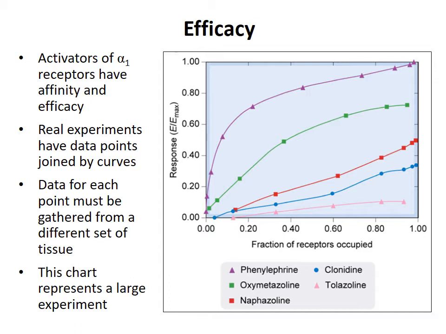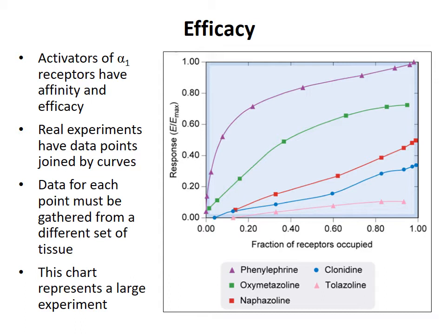But at least those three on the left are pretty strong alpha-1 activators or agonists. Now naphazoline is not super strong, but it still has a good duration of action. But the whole point here, just to get back onto the point, is that all these drugs have a different efficacy, a pharmacological efficacy, in terms of their ability to activate alpha-1 receptors.